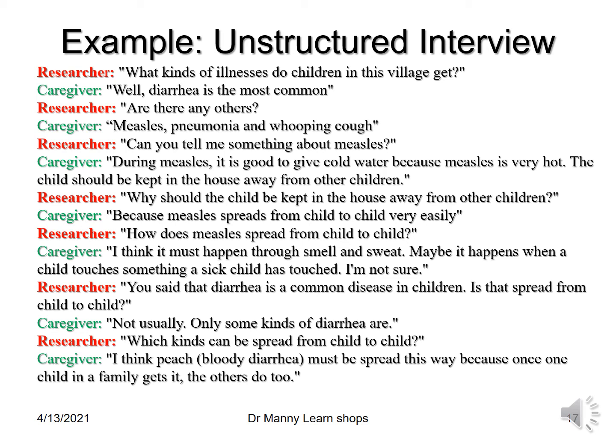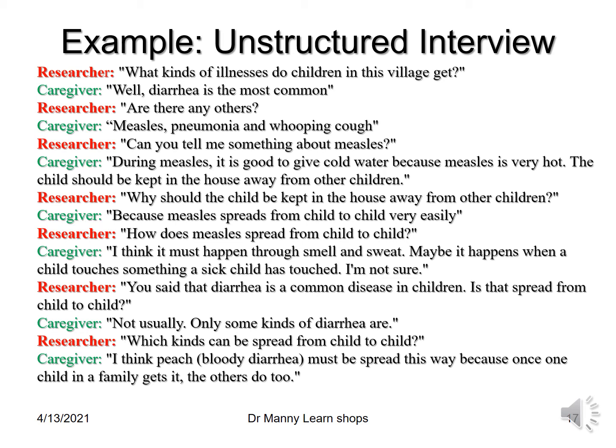The researcher: Can you tell me something about measles? Which again the researcher may be specifically interested in. The caregiver: During measles, it's good to give cold water because measles is very hot. The child should be kept in the house away from other children.